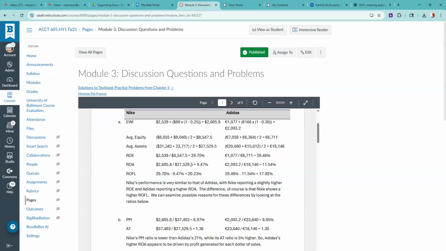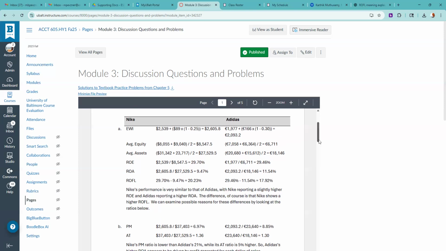And in the second question, we're asked to calculate profit margin and asset turnover, right? I hope you have seen my video on DuPont decomposition. Obviously ROA is the product of profit margin and asset turnover. Profit margin is simply a ratio of, in this case, I typically just take it as net income to sales. In this case, they're taking the operating income after taxes, NOPAT.